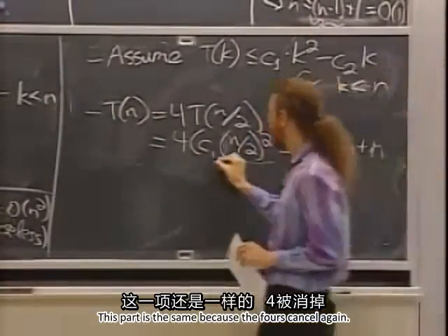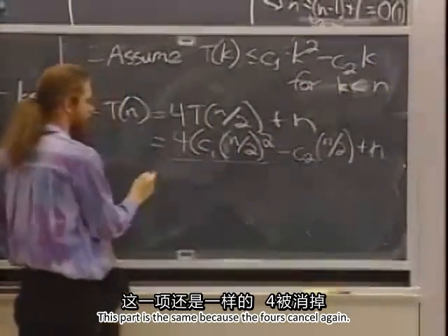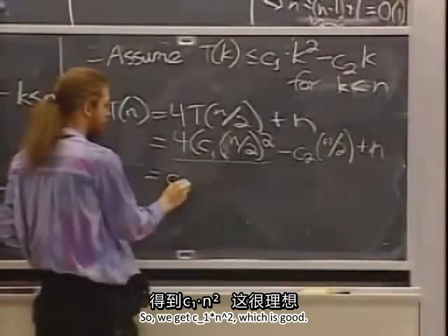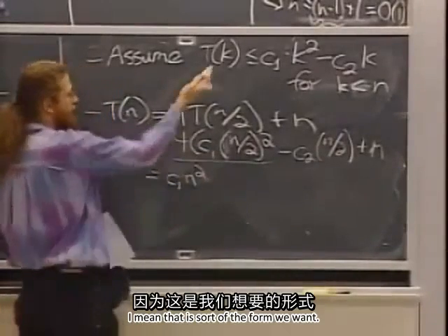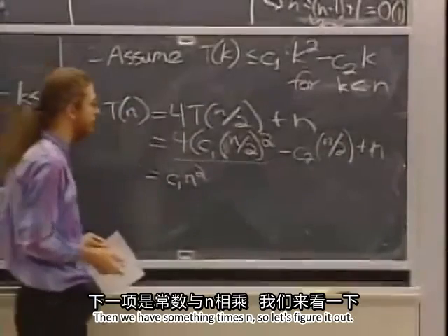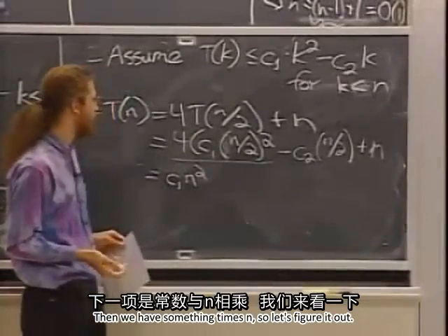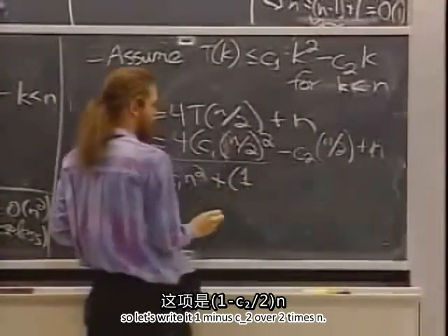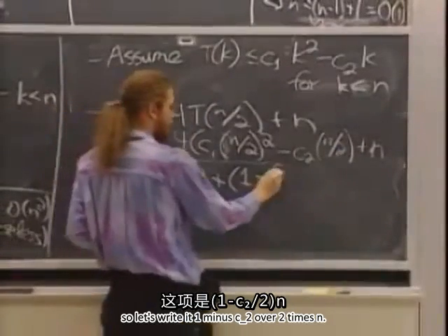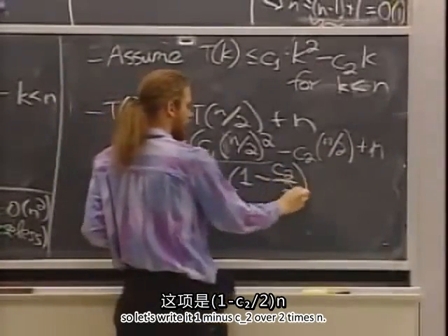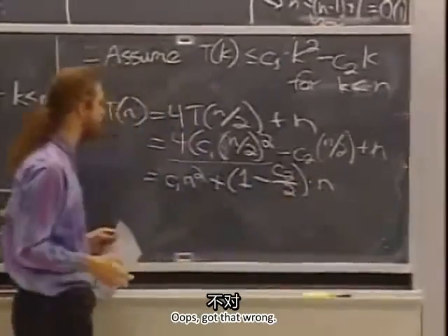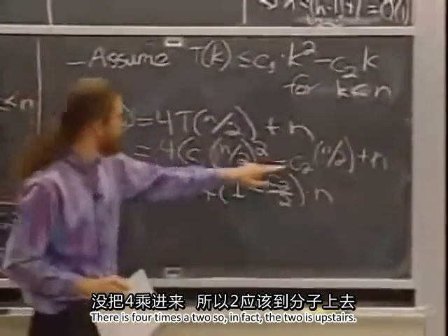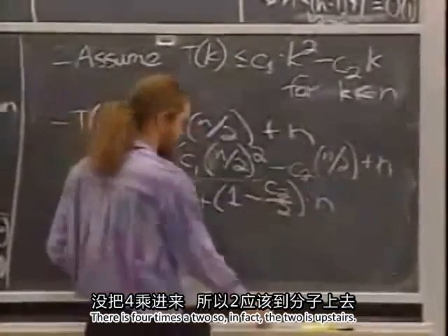Okay, this part is the same. The 4's cancel again. So we get c1 times n squared, which is good. I mean, that's sort of the form we want. Then we have something times n. So let's figure it out. We have a plus 1 times n. So let's write it 1 times n minus c2 over 2 times n. Oh, no, got that wrong. So there's a 4 times a 2. So in fact, the 2 is upstairs.